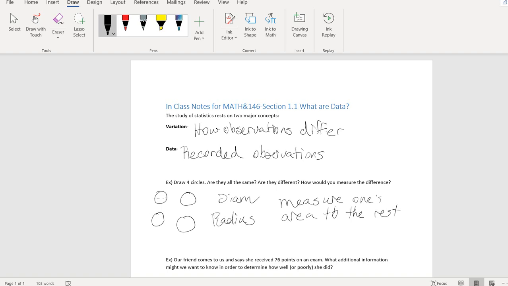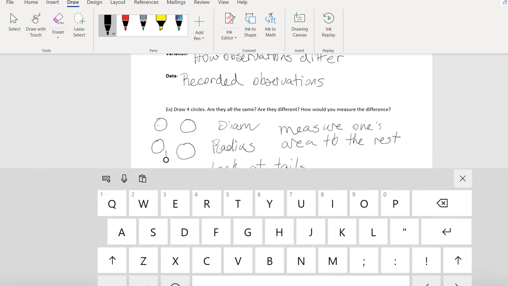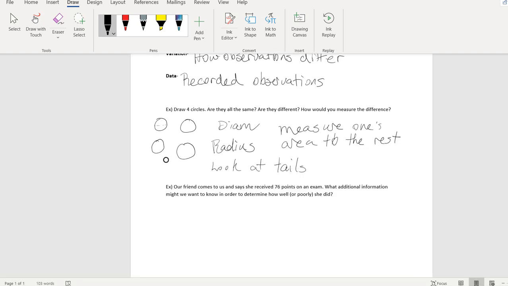And we could also look at where their tails overlap. So we could also look at tails. When I say tails, what I'm talking about is these guys right here. So it's not enough to say that something is the same or to say that something is different. What we want to say is, how do you measure it? That's what basically the entire term is going to be talking about.